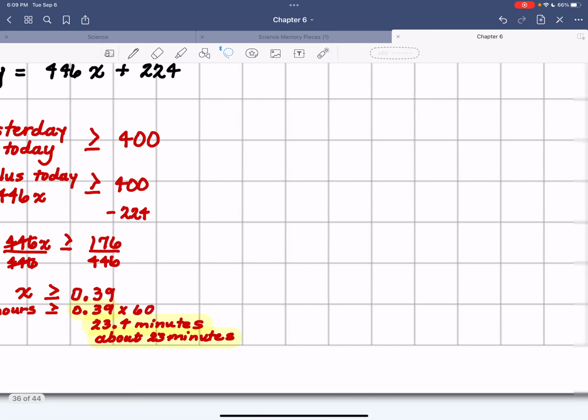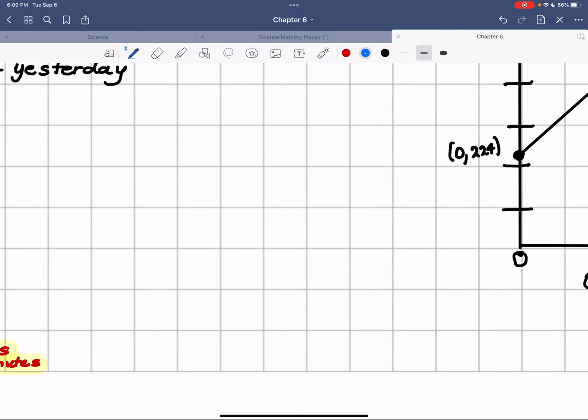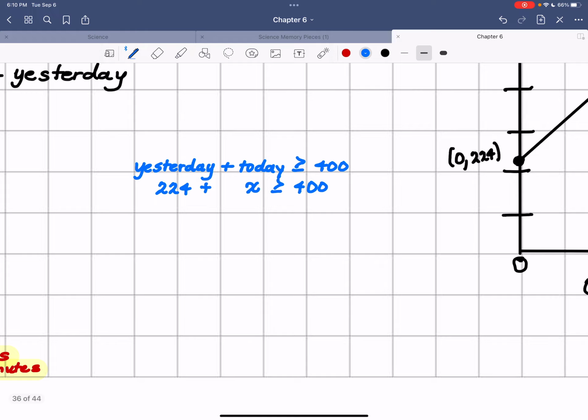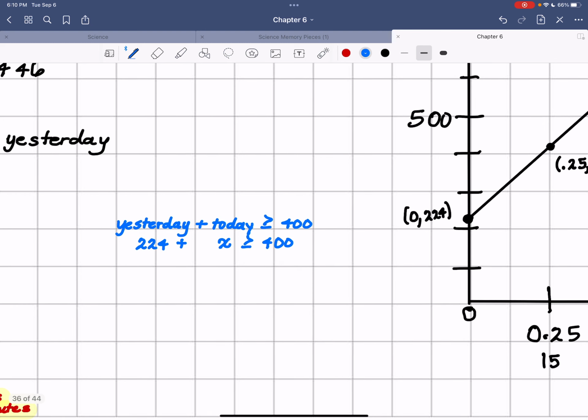Now, let's do it again. Remember, he wants to burn at least 400 calories yesterday plus today. We want it to hit at least 400 calories. And yesterday was 224. Today, if he chooses to jump rope, that was 744x.